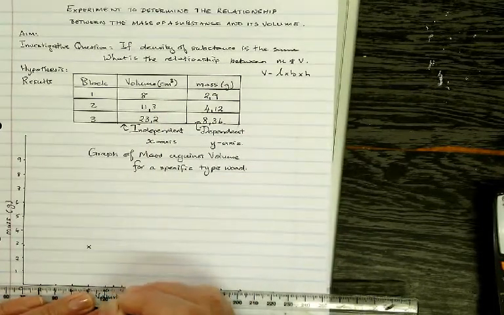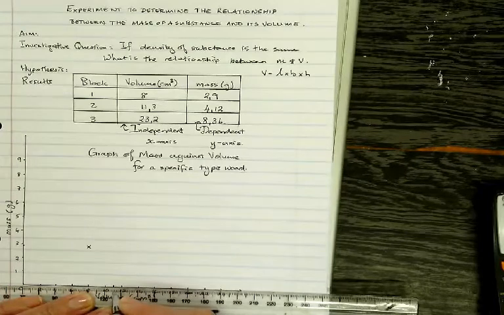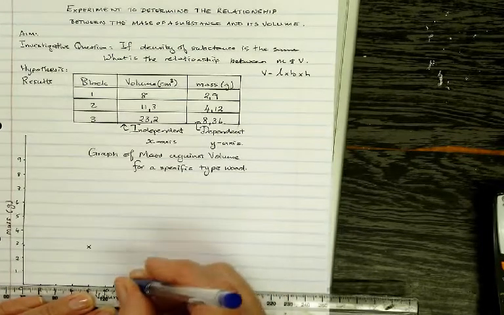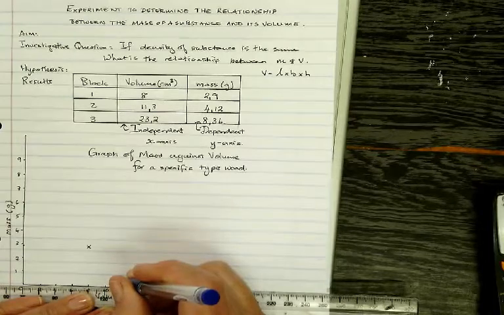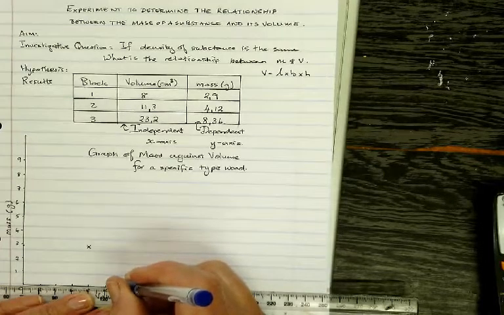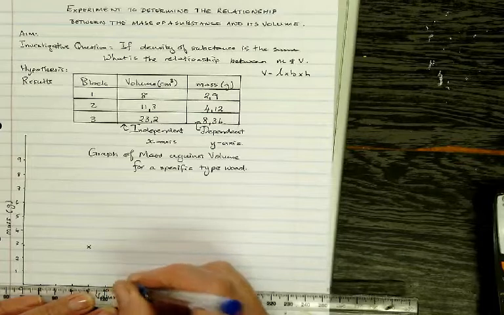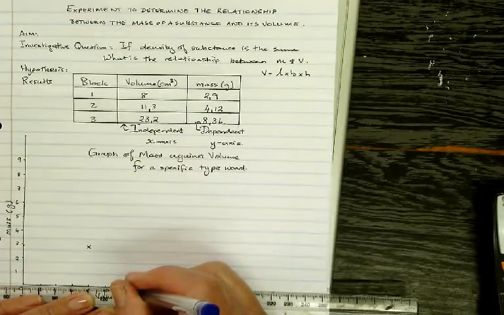So 1 millimeter would represent 0.2 cubic centimeters. So 0.3 is halfway between the first and the second millimeter after 11.